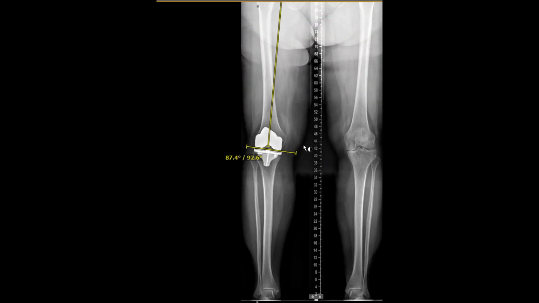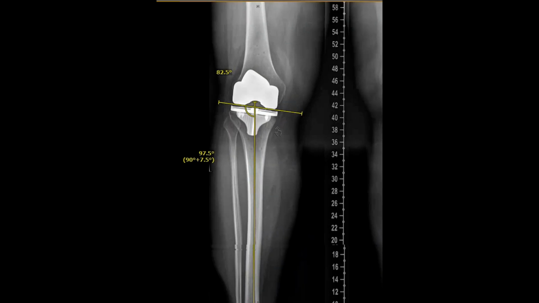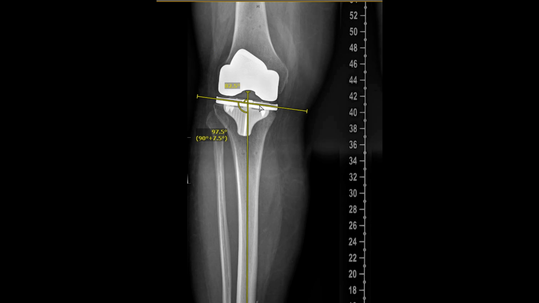But when we look at the tibial component, it's in about 7 degrees of varus.